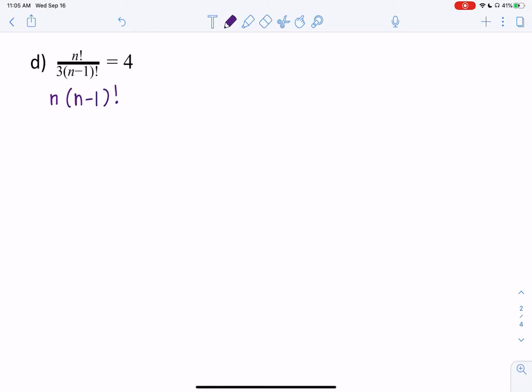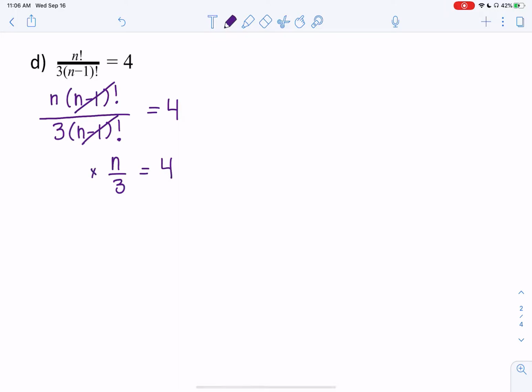So I'm going to stop at n minus 1 factorial because I have an n minus 1 factorial in the denominator. Now I'll cancel those out. And now we want to get n all by itself. So to do that, we'll multiply by 3, n equals 12. And that's our final answer.